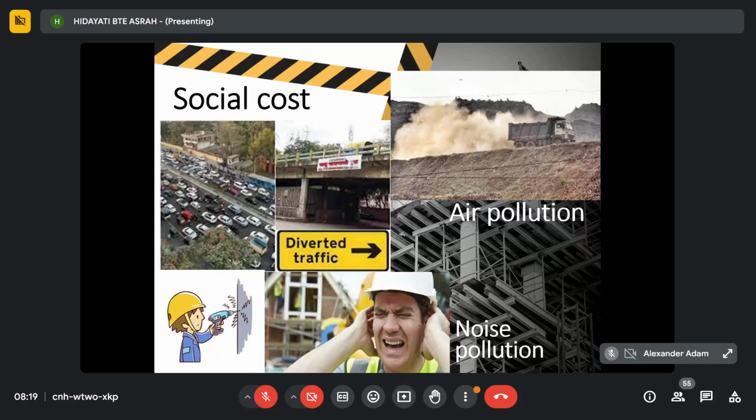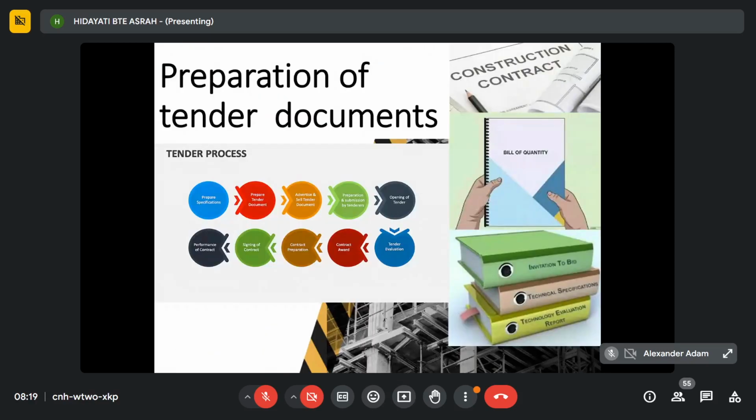Okay, and last, this one is the preparation of the tender document. This is submitted by the contractor in response to an invitation to tender. Usually the client or consultant will prepare a tender document, then the contractor will respond by preparing the application for this tender.